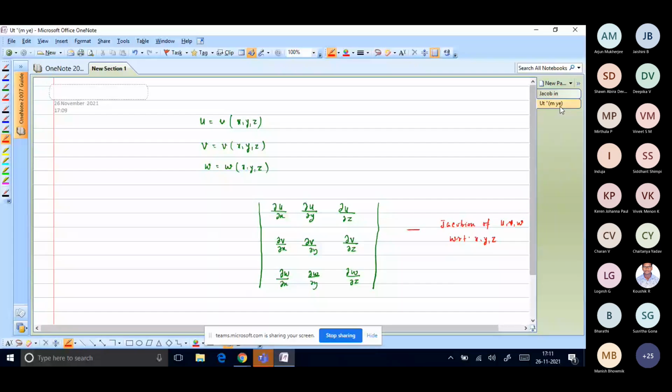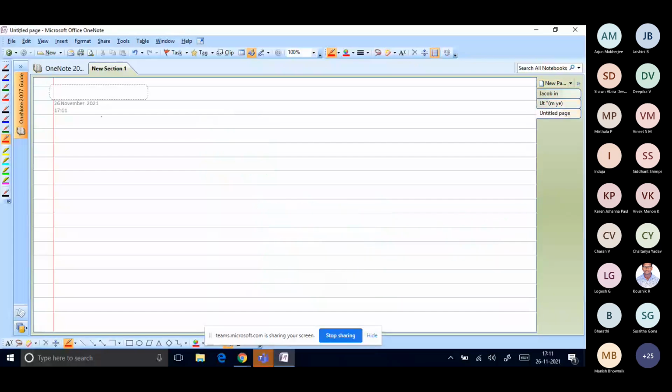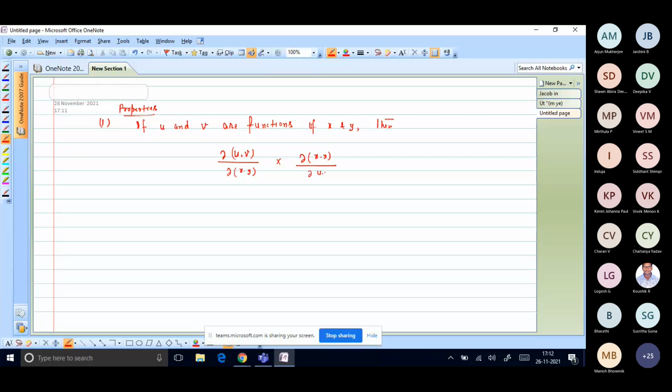The first property: if u and v are functions of the independent variables x and y, then del (u, v) upon del (x, y) into del (x, y) upon del (u, v) is equal to 1.